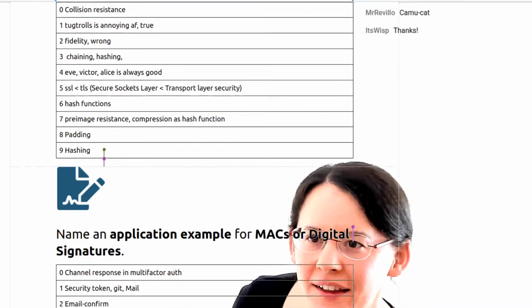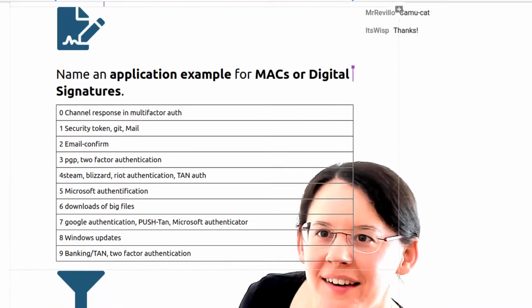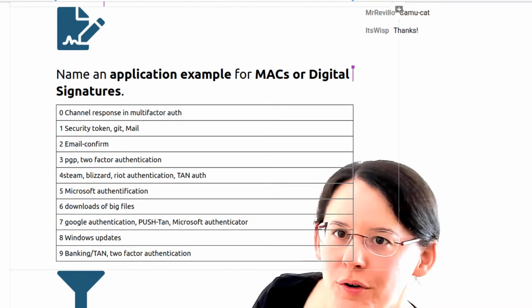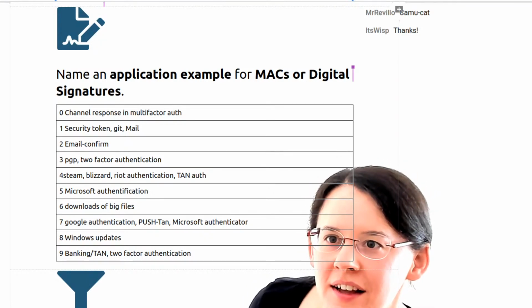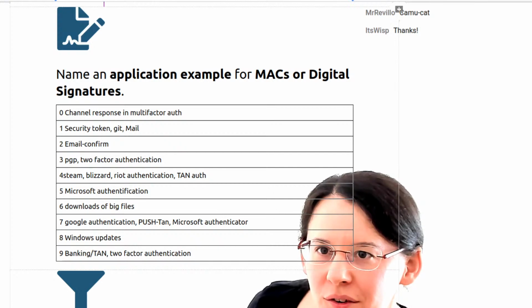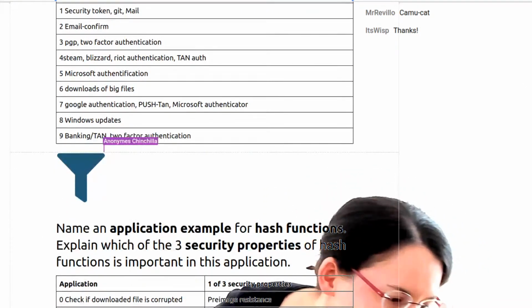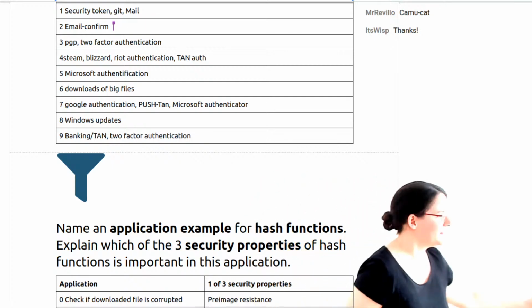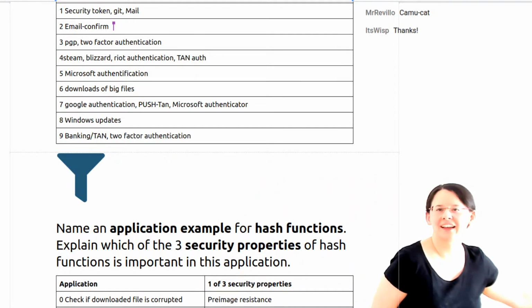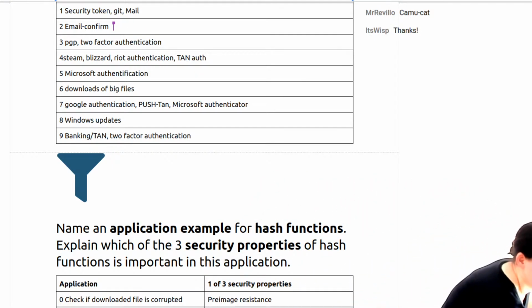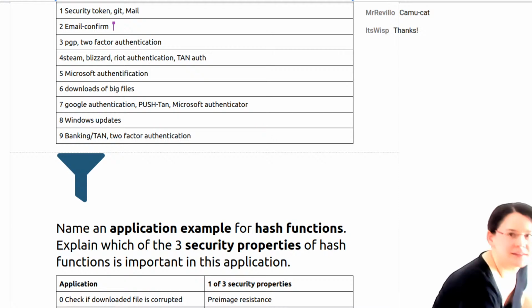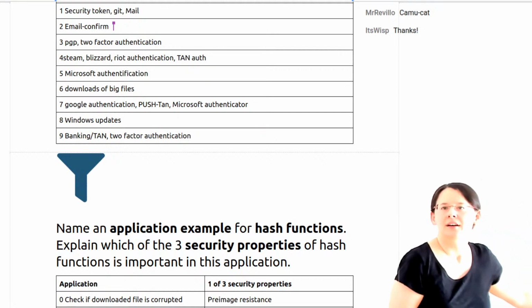Let's have a look at the other ones. Name an application example for MACs or digital signatures. Yeah, these all look pretty good. I'm not going to go through them in detail. So what do we have here?